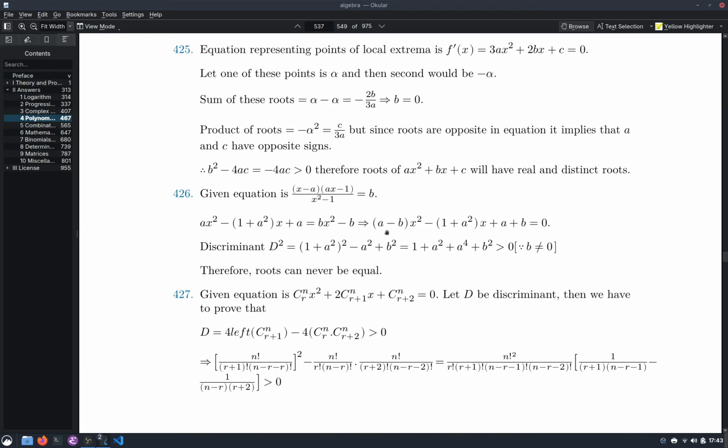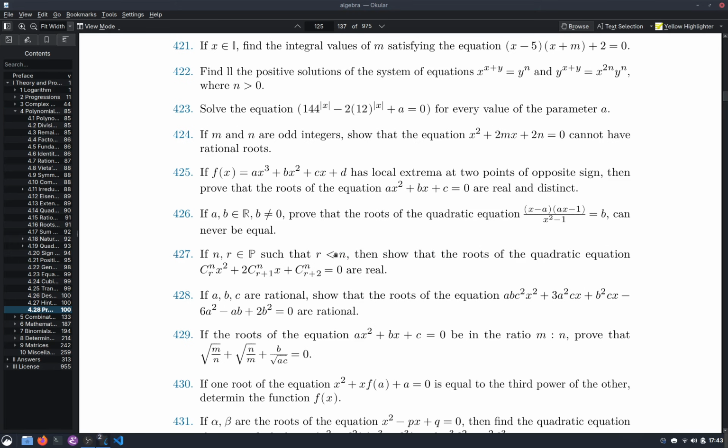We get (a minus b) into x square minus (1 plus a square) into x plus (a plus b). Now if you look at its discriminant, it becomes (1 plus a square) whole square minus (a square plus b square), which is equal to 1 plus a square plus a to the power 4 plus b square. Now a and b are in the set of real numbers.